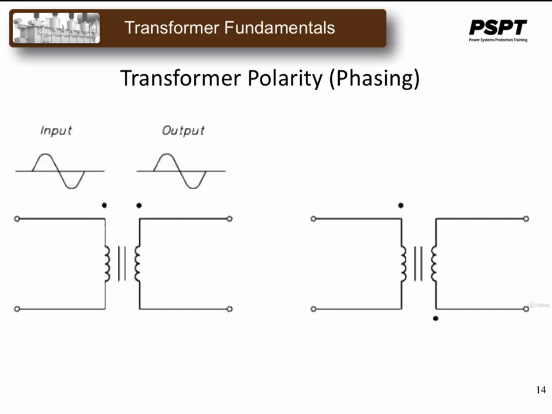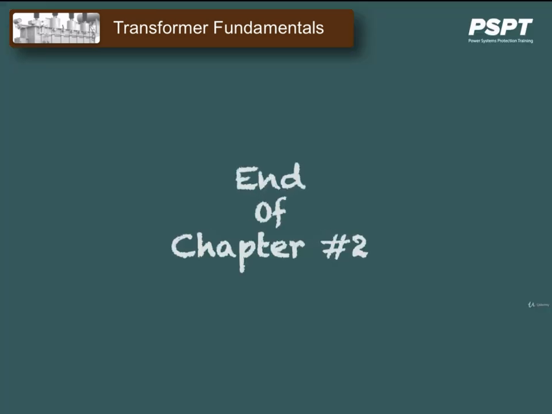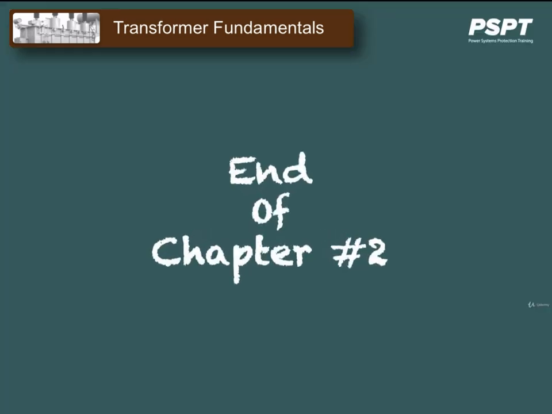The voltages are either in phase or 180 degrees out of phase with respect to the primary voltage. Dots are used to indicate the points in the transformer schematic symbol that have the same instantaneous polarity, points that are in phase. This ends Chapter 2.